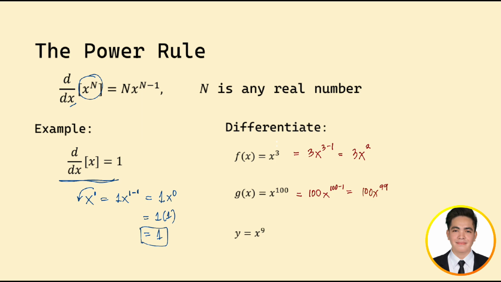That's it. And then the last one, we differentiate y equals x squared. So the y prime of this is 9x. So I hope you understand all these examples. If you have questions, feel free to ask all the teams so that we could assist you with your queries.